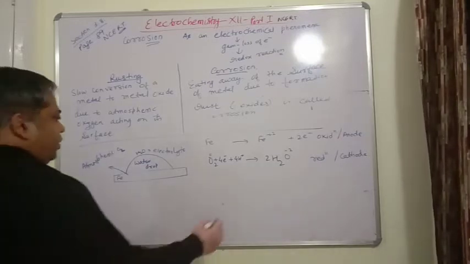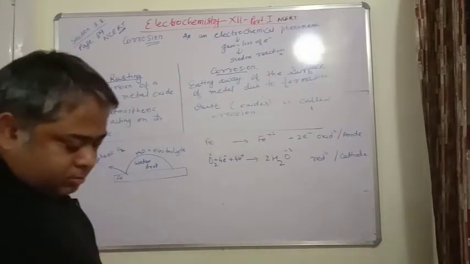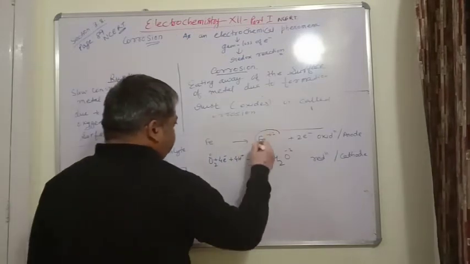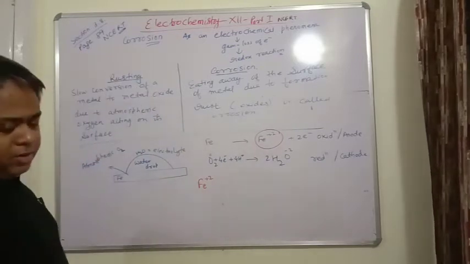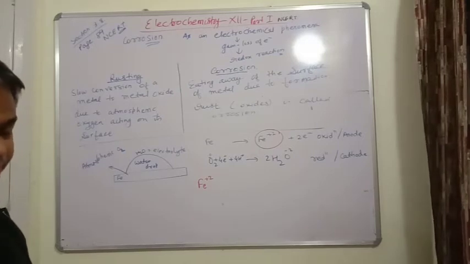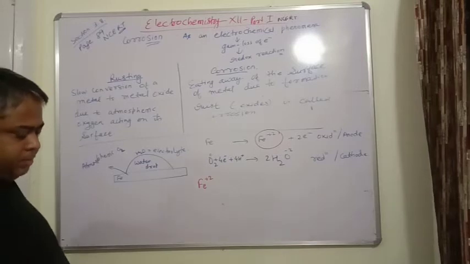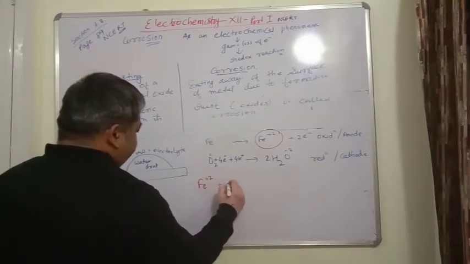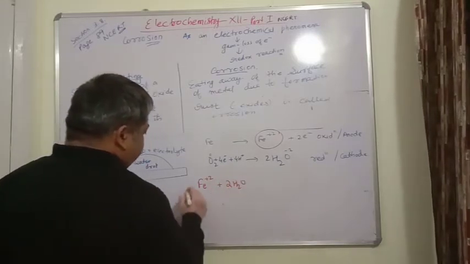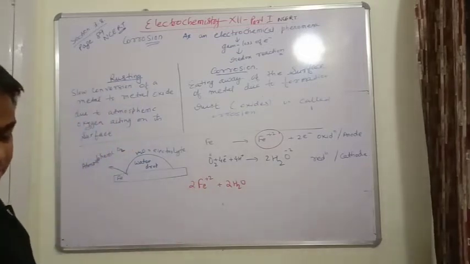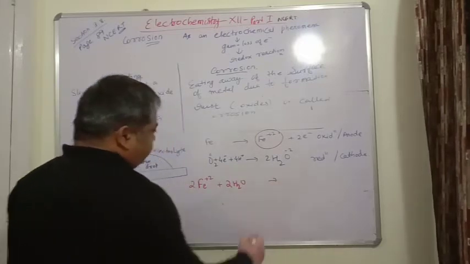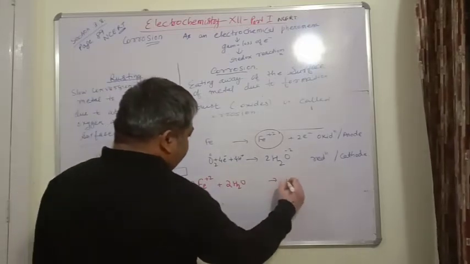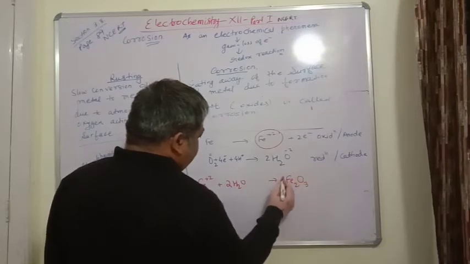Further, this Fe2+ will convert itself into Fe3+. This Fe2+ in the presence of water forms Fe2O3, where its oxidation number is +3.